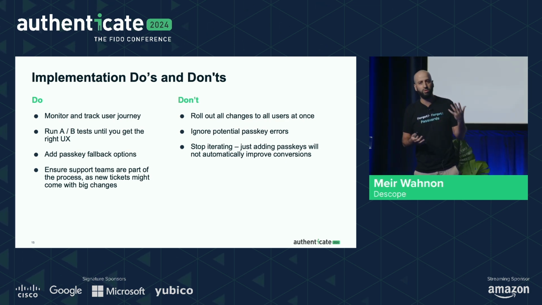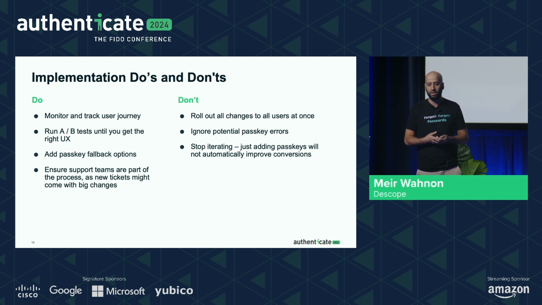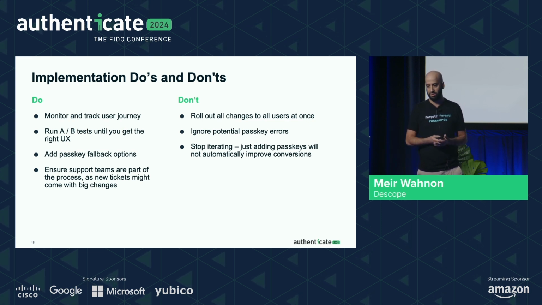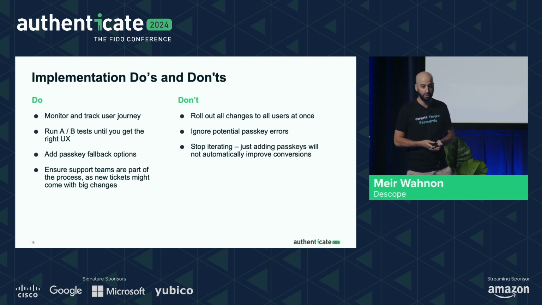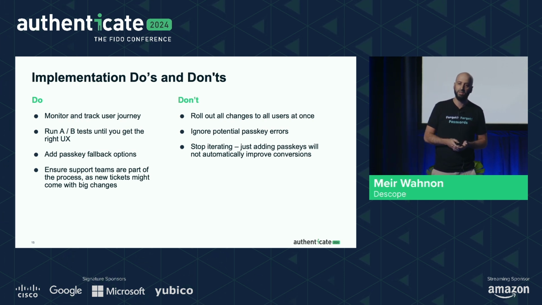So it's very important to align all teams, both the development and the support, around the changes to handle that and be prepared basically for the changes. And don't stop iterating, basically just keep improving the user journeys over time.